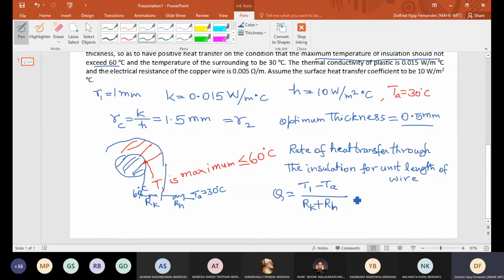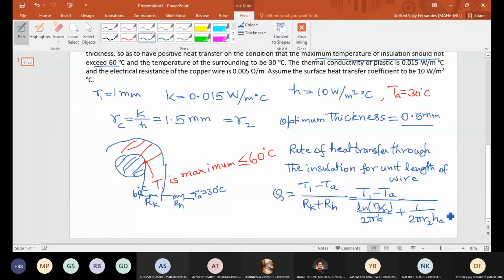So substitute, that is 60, and write the formula for RK and RH, that is ln(R2 by R1) divided by 2 pi K. L I am removing because it's 1, and here it is 1 by 2 pi R2 HA.